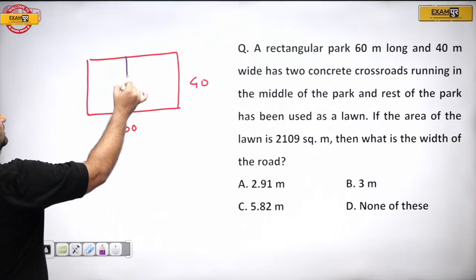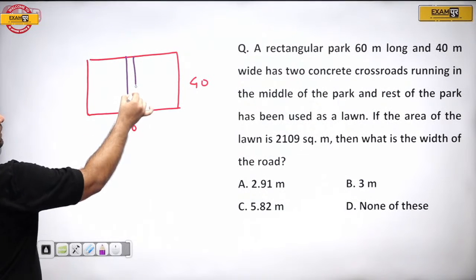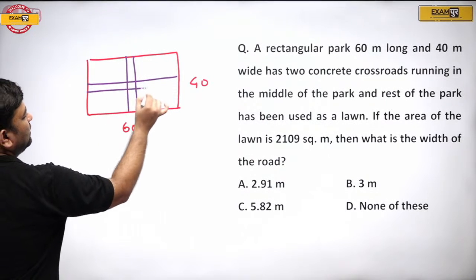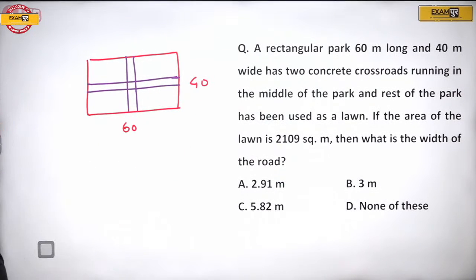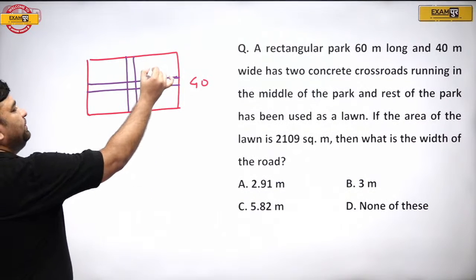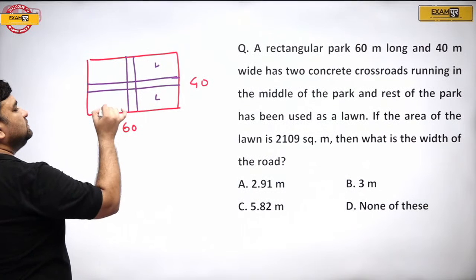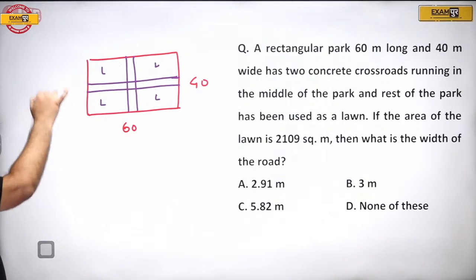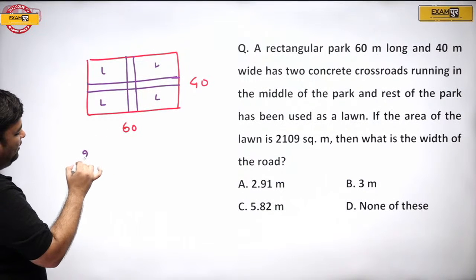Two concrete roads are running in between. This is the lawn. What is the total area? 60 into 40, 2400.